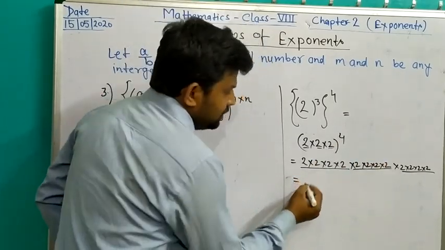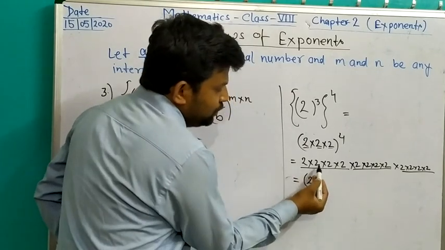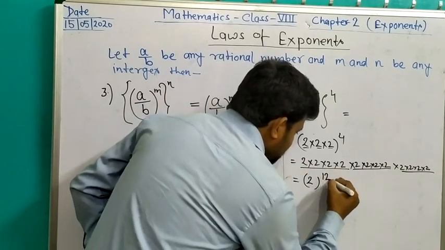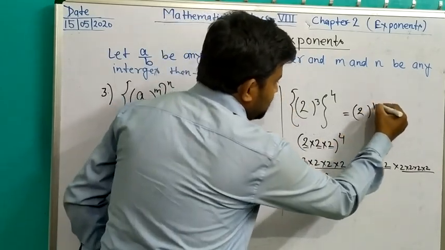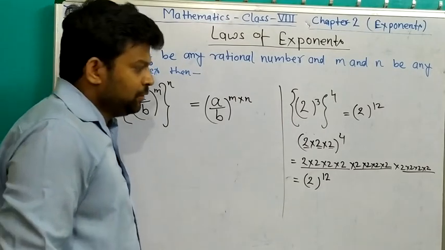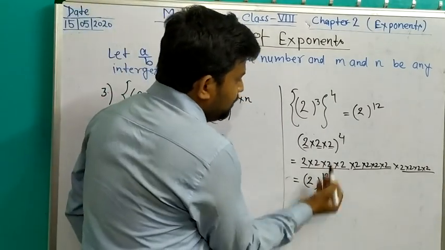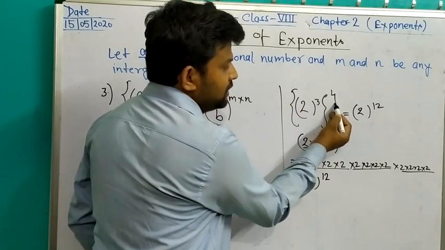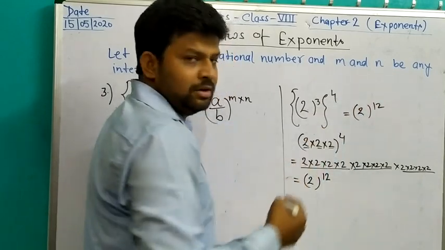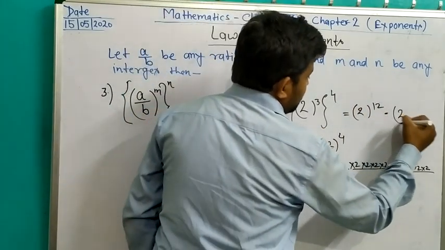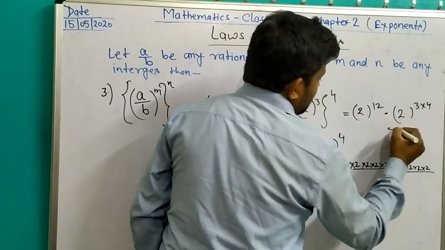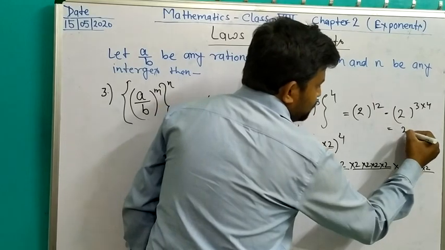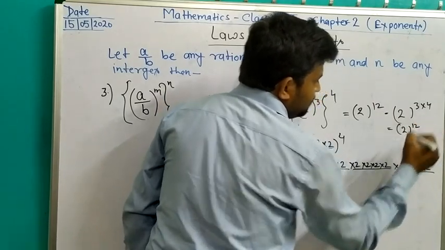How many 2s in total? 1, 2, 3, 4, 5, 6, 7, 8, 9, 10, 11, 12. We can write 2 to the power 12. But why 2 to the power 12? Now we can write (2^3)^4 is equal to 2^12, because when we multiply 4 by 3, we get 12. So 2 to the power 3 into 4 is equal to 2^12.